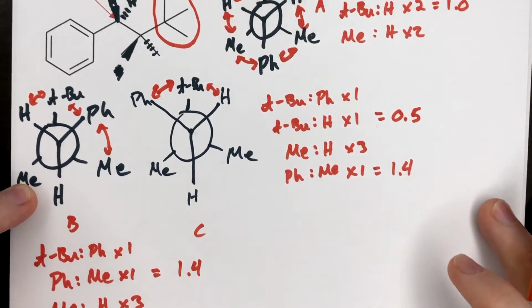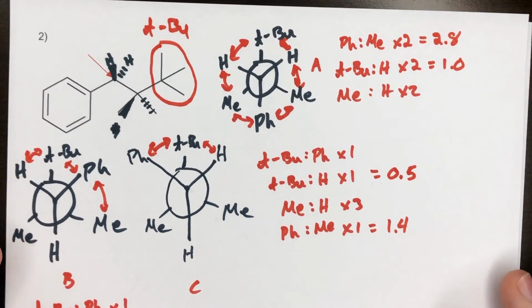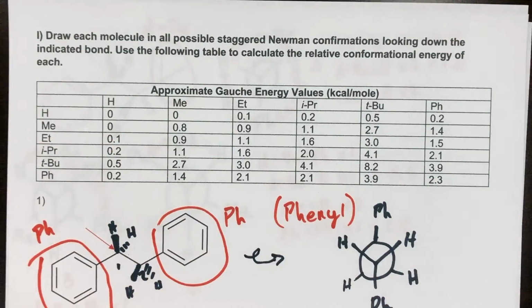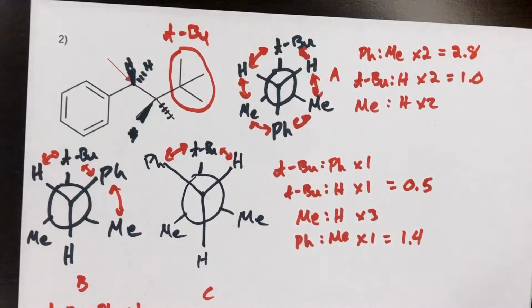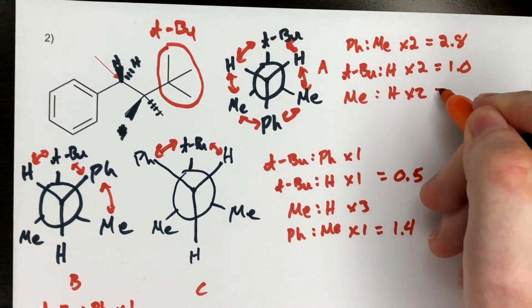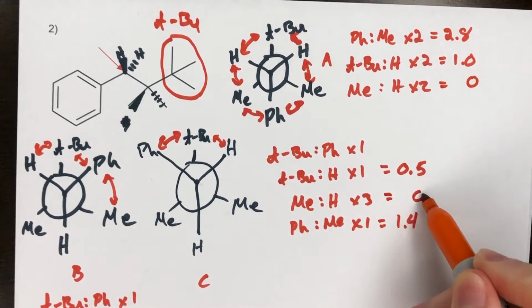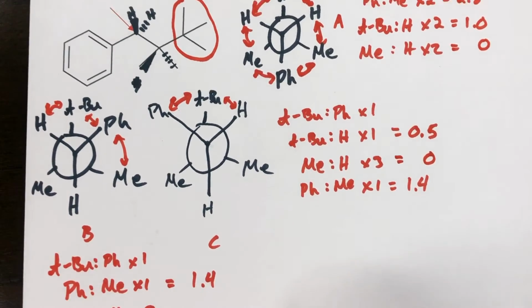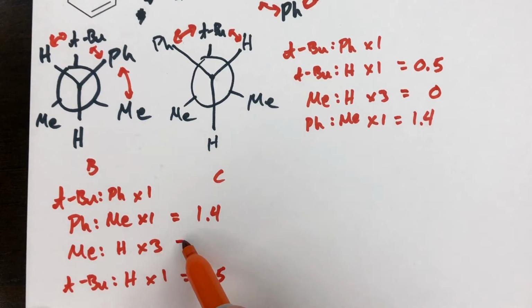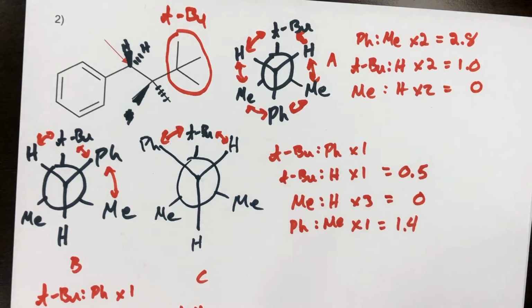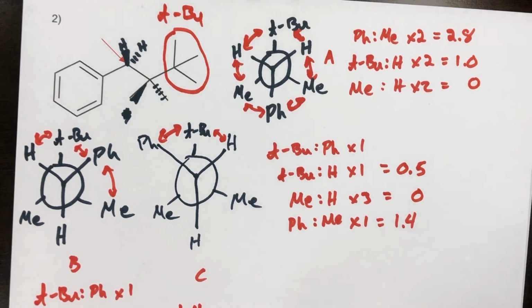Okay, go back to the top one. So in A, methyl hydrogen is 0. So this doesn't contribute at all. And then this last one, methyl hydrogen, doesn't contribute. So A is done. We could add A up, but let's finish all these Gauche interactions out first.